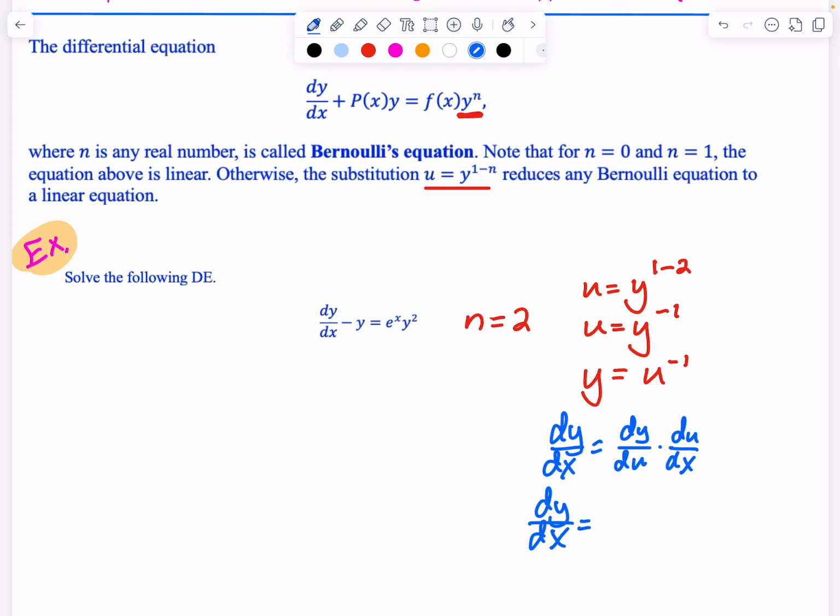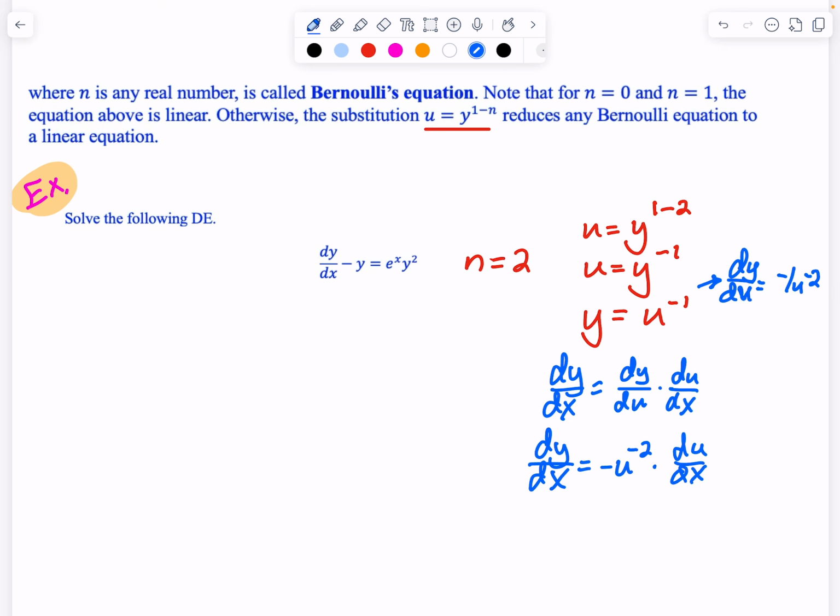And then dy du is just the derivative of u to the negative 1. So the negative 1 comes down, and we get u to the negative 2. So it's negative u to the negative 2, and then du dx, because that's what I'm wanting to get it into.